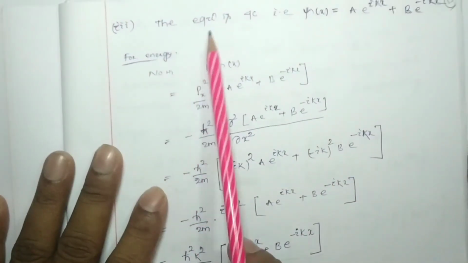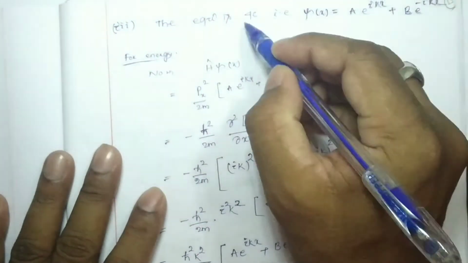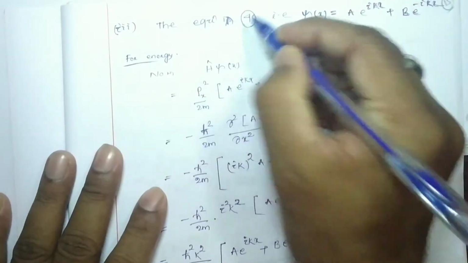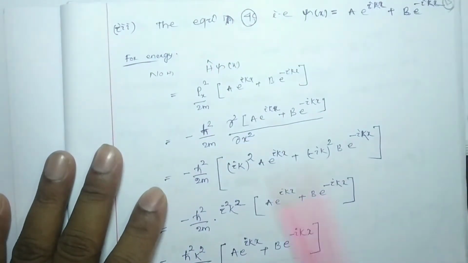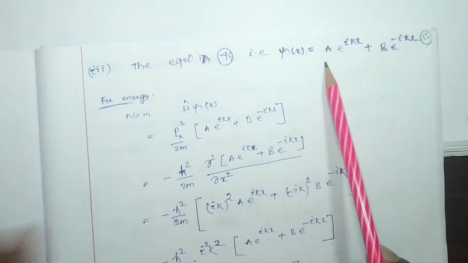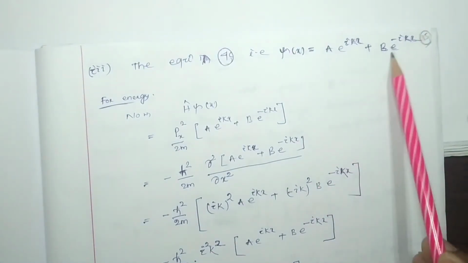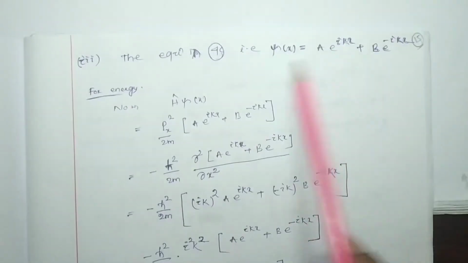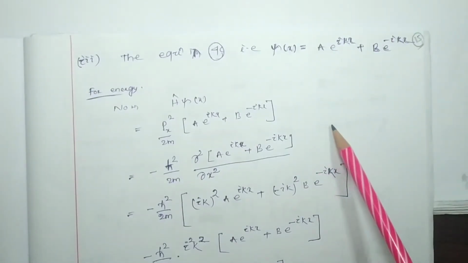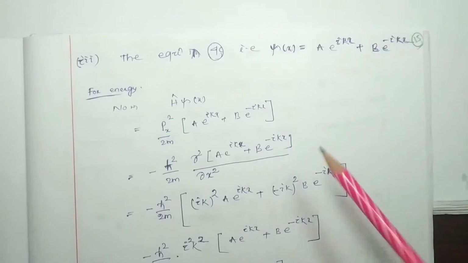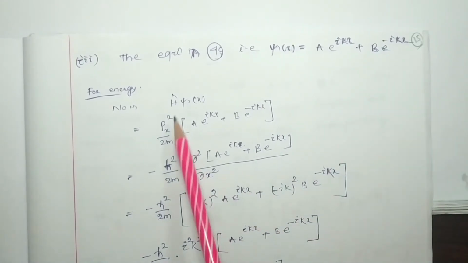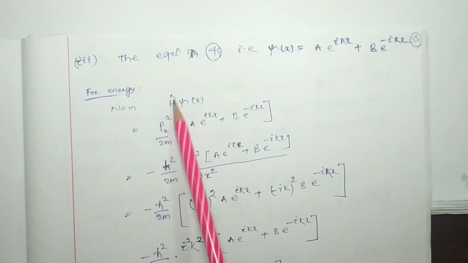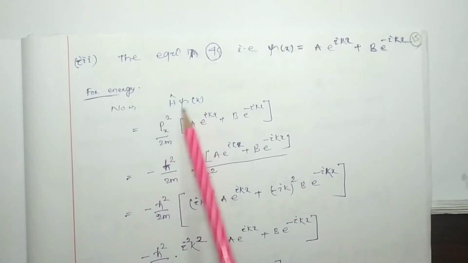Now the equation is 4c, that is psi(x) equal to a e to the ikx plus b e to the minus ikx. We have to check whether this solution will be an eigenfunction for both or not. So we have to apply the total energy operator over this one.